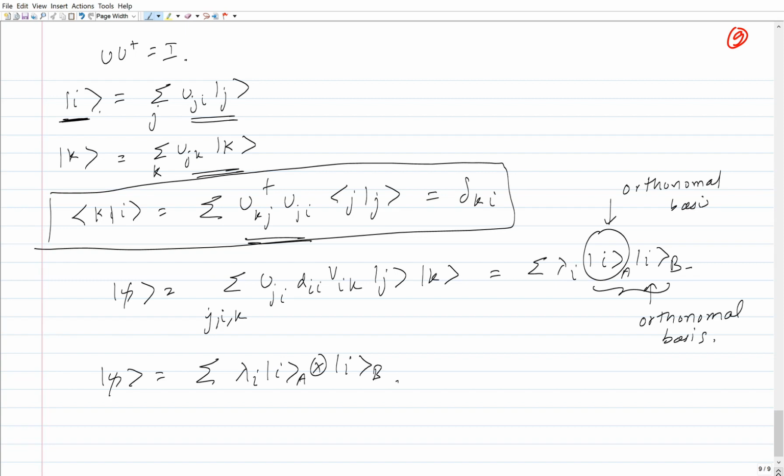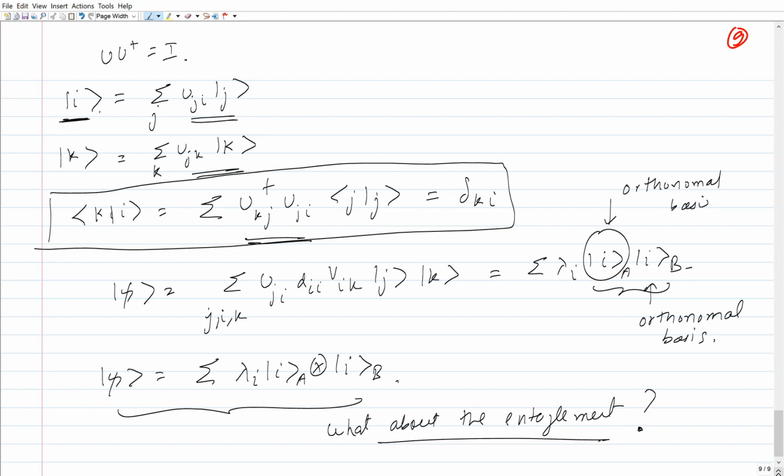now can you tell me, under the Schmidt representation or the Schmidt decomposition of a quantum state, what about the entanglement? Remember that we already discussed that a state is entangled when it cannot be expressed as a product state.